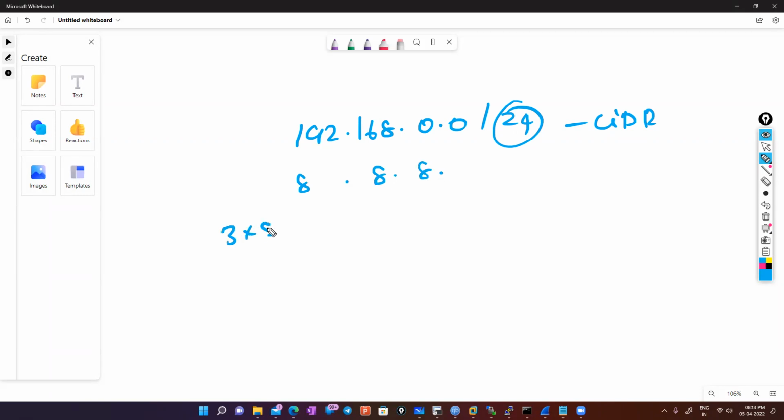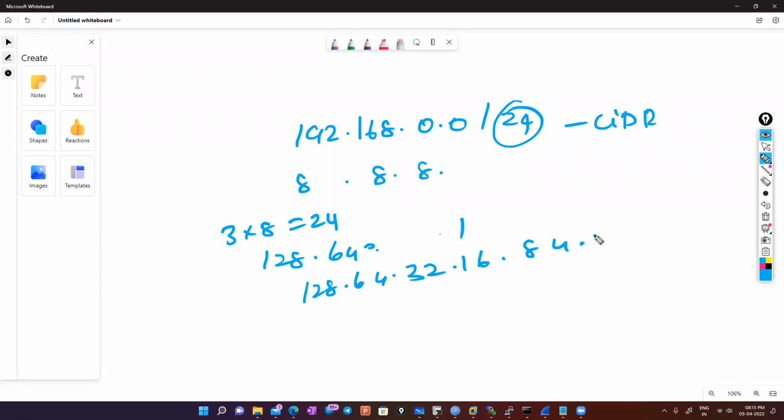So 3 times 8 equals 24 bits. So how do I fill that? 128, 64, and so on till 1. The same way, 3 times 8 is 24.